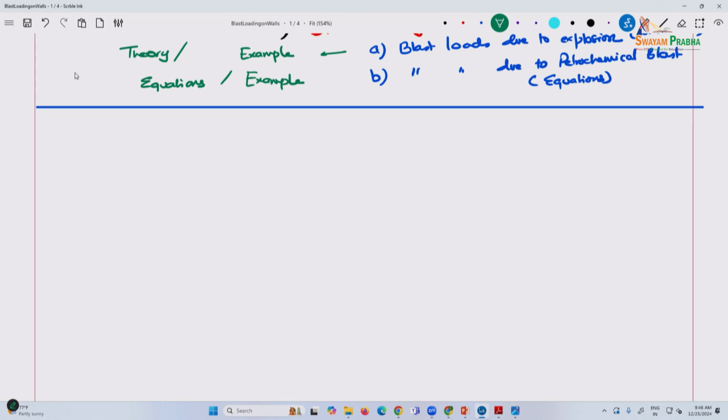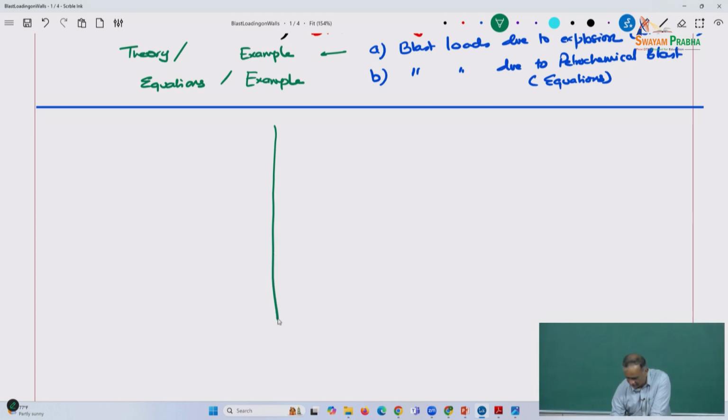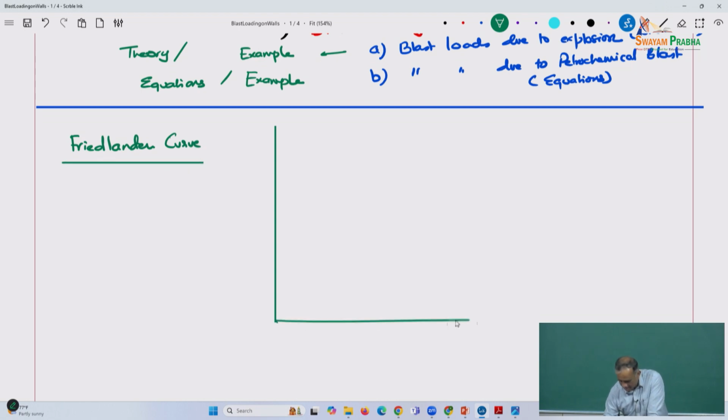So the main, you've seen yesterday the characteristics of the curve. So let's say this is the Friedlander curve, and a typical blast load has a rise time. We saw that yesterday, that it has an arrival time.